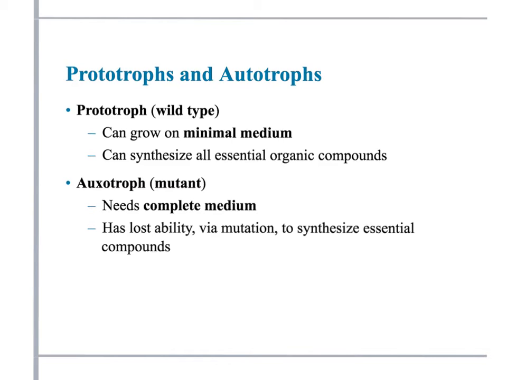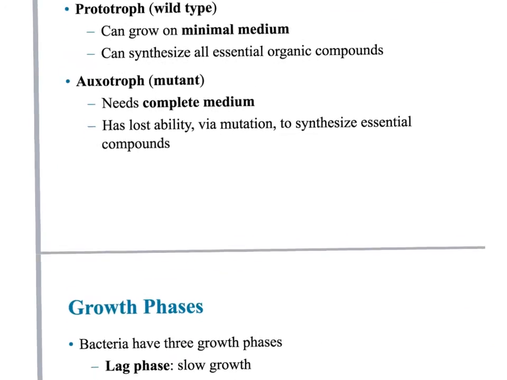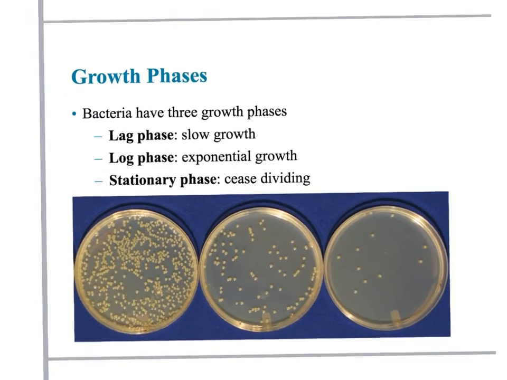But the mutant is the auxotroph, and it cannot synthesize essential organic compounds any longer. The mutation rendered that capability obsolete. It got rid of that capability. So the auxotroph lost the ability through the mutation to synthesize the essential compounds, and consequently it needs that complete medium in order to grow.